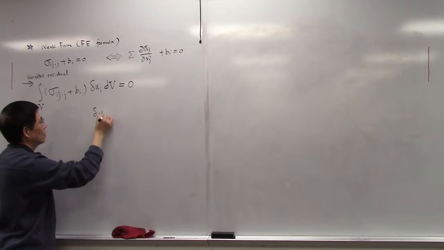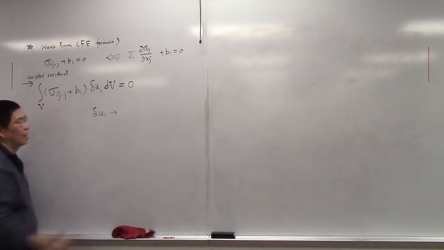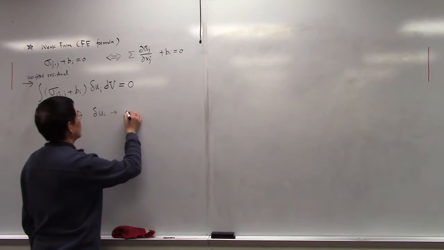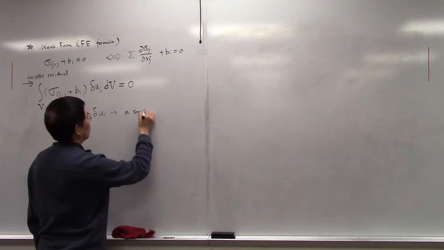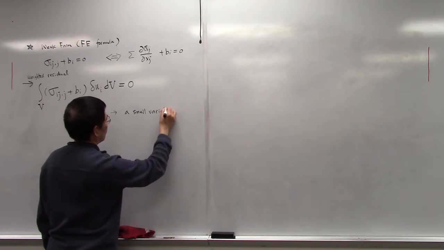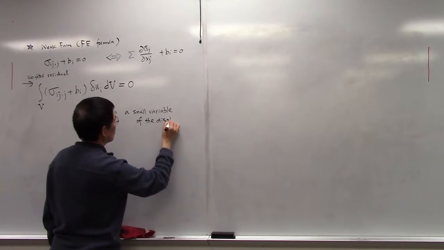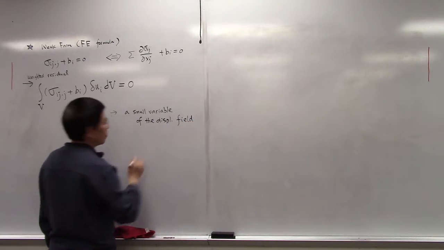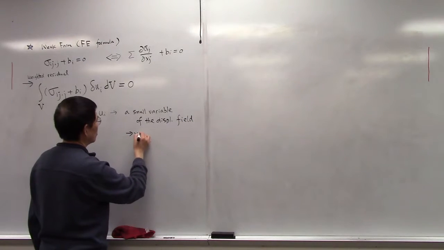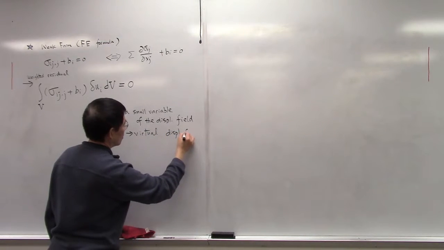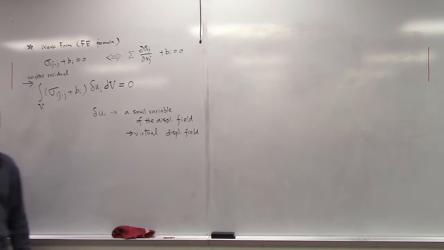This delta ui is a small variation of the displacement field. We can also give it a name called the virtual displacement field.